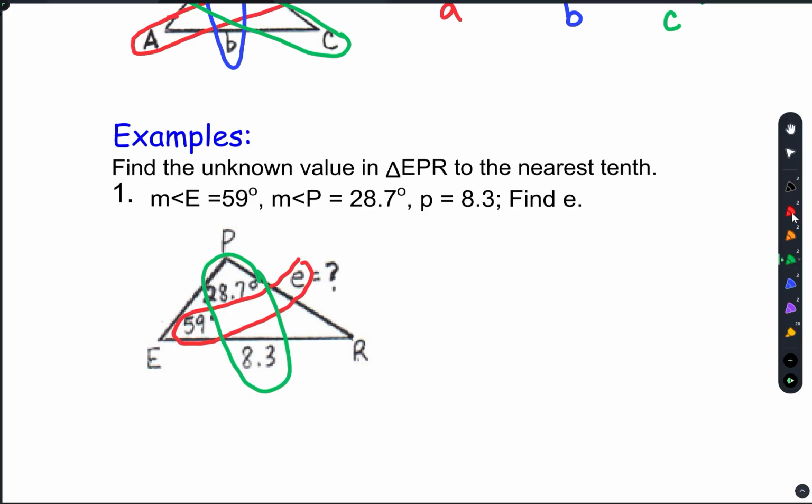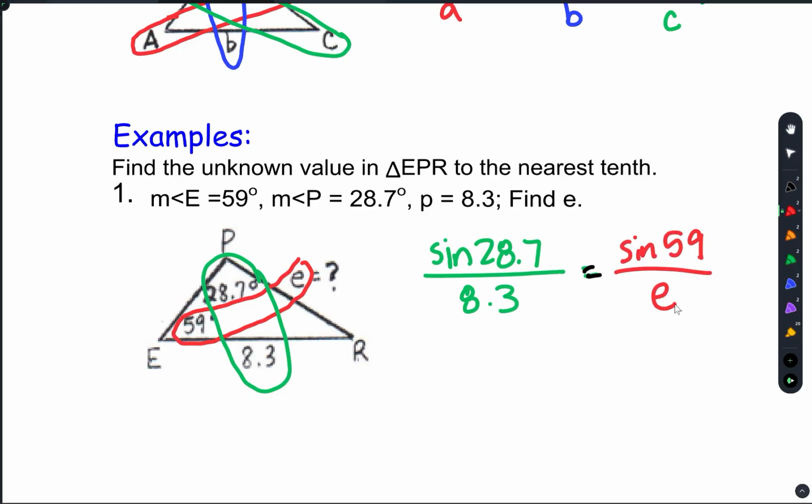So the first thing I'm going to put in my proportion is sine of 28.7 over 8.3. That's the first thing I have. And it equals, on the other side here, sine 59 over E.